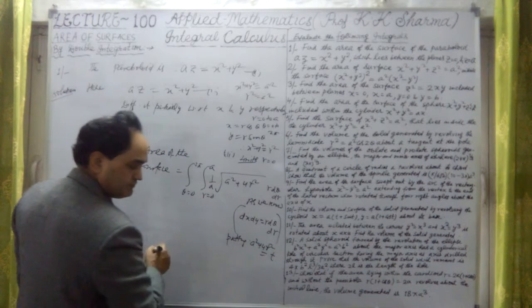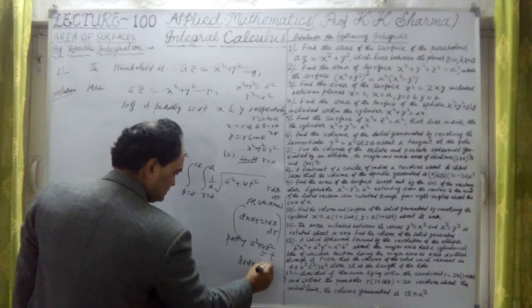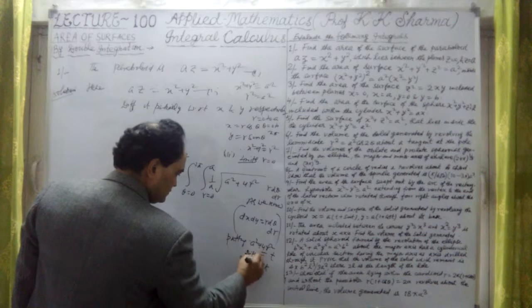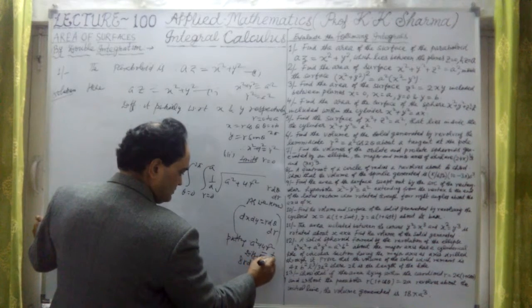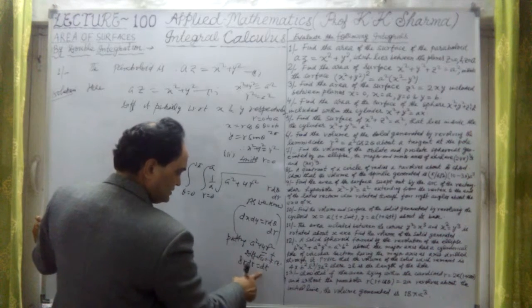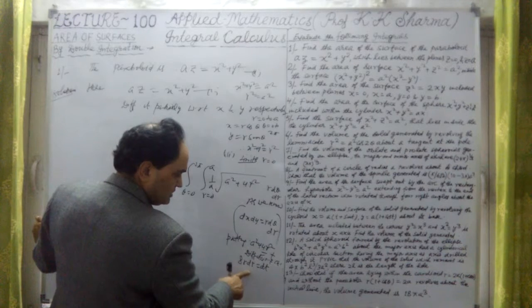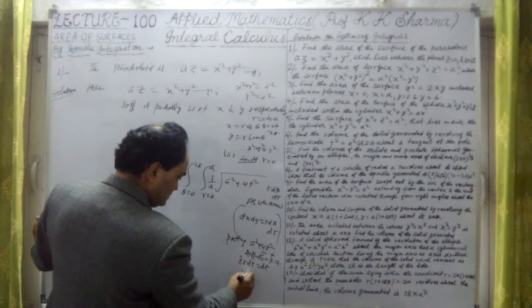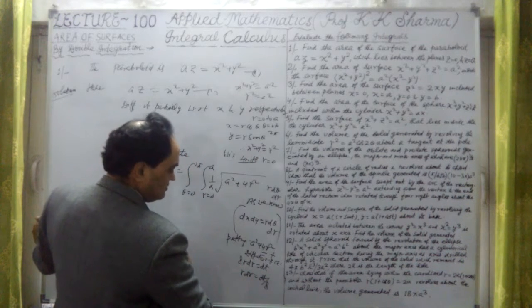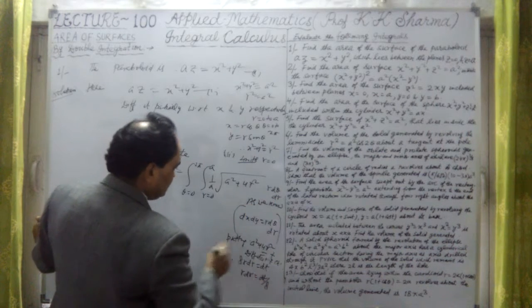Let me integrate with respect to r, putting a square plus 4r square equal to t. Therefore 8 r dr equals dt, differentiating it with respect to t. So 8r dr equals dt, or r dr equals dt upon 8. This is the value of r dr here, d theta will be taken later.